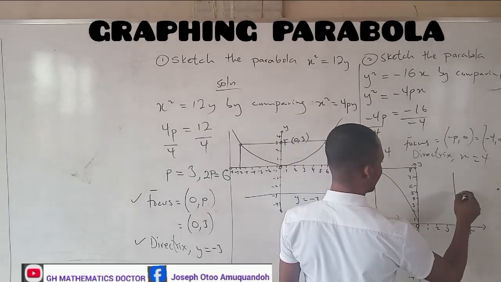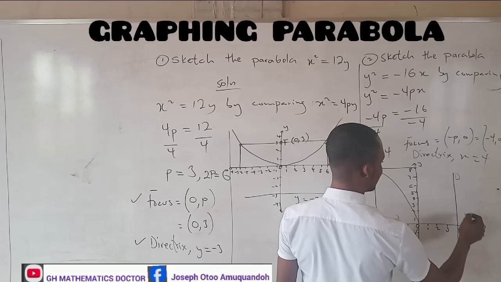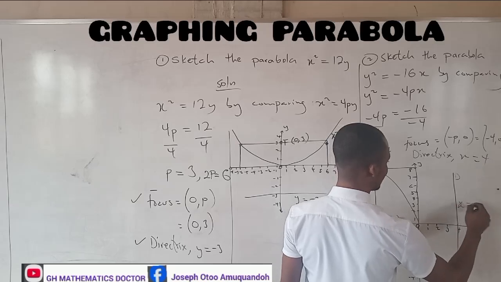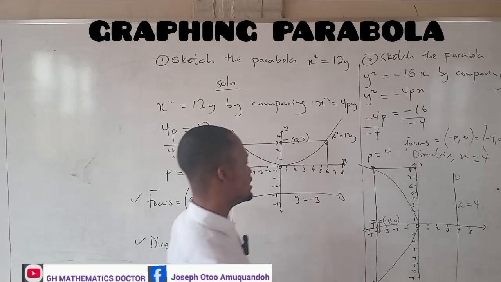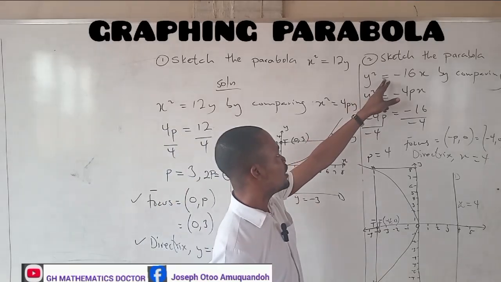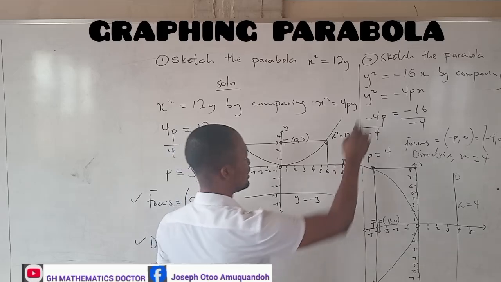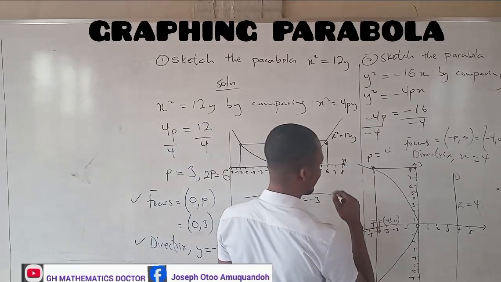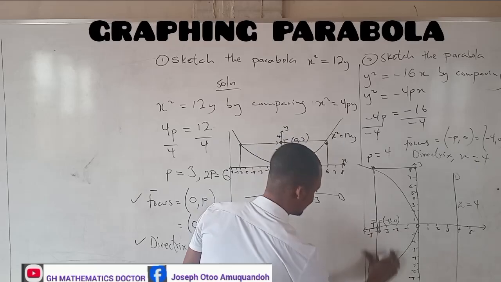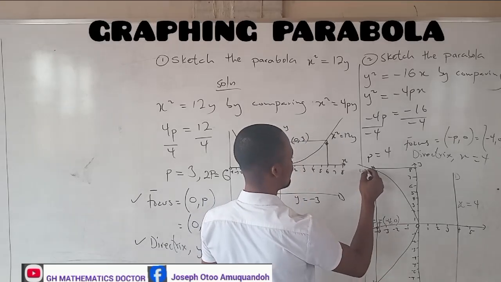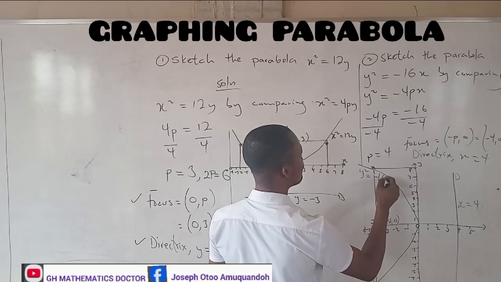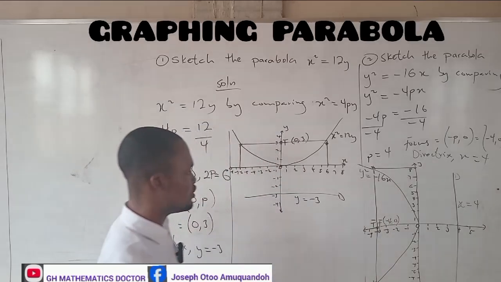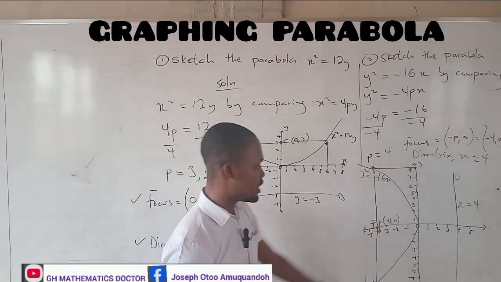So our directrix over here, that is d, has the equation x equal to positive 4. And don't forget the equation that you used to draw the parabola. You write it anywhere beside the parabola that you have drawn. So we have y squared equal to negative 16x, and that is the equation of the parabola you have sketched here.